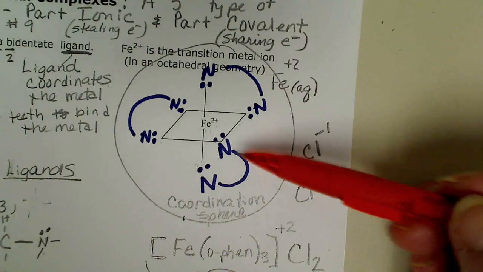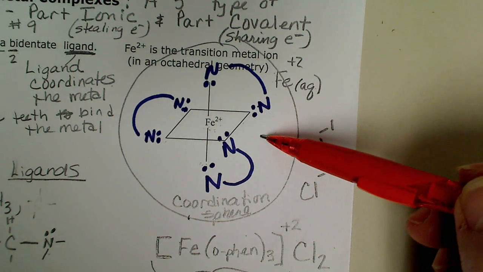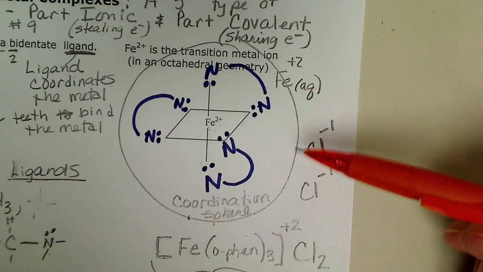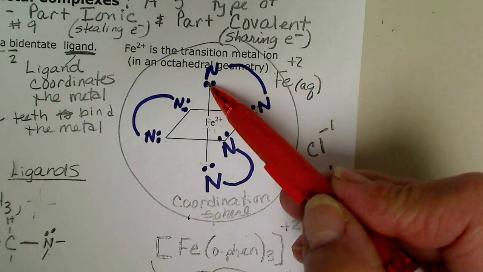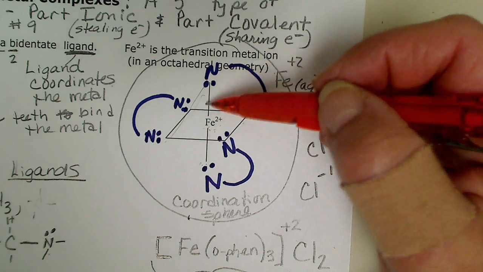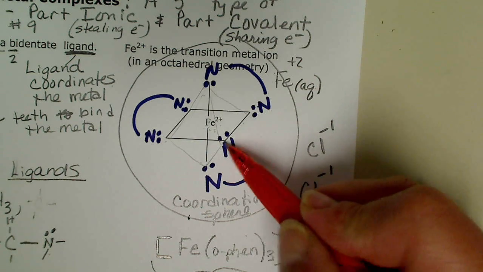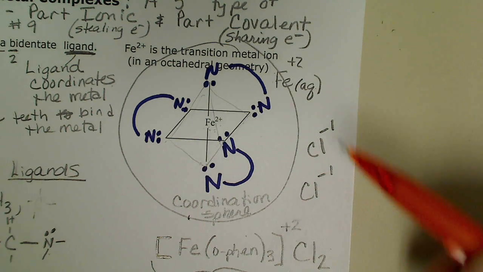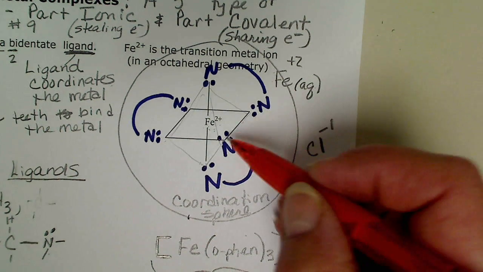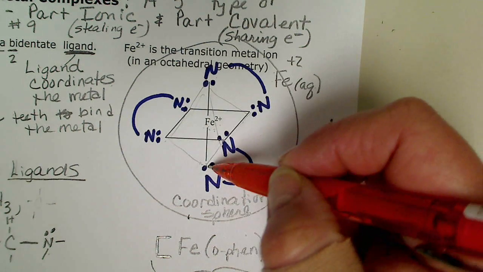So since this is octahedral geometry, that is back in a chapter 9 Chem 111 video if you want to look back in your book. But the octahedron is the geometry that we would get. And so the coordination number is how many sites the metal is coordinated with.